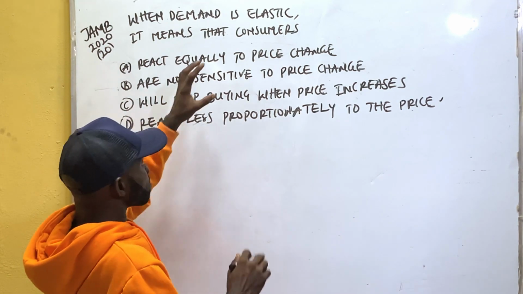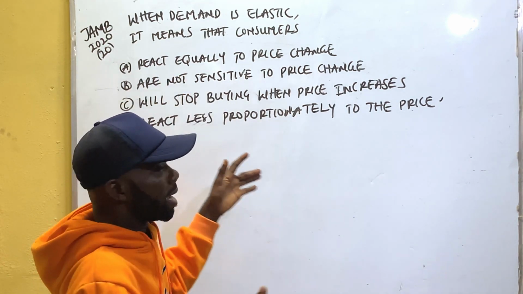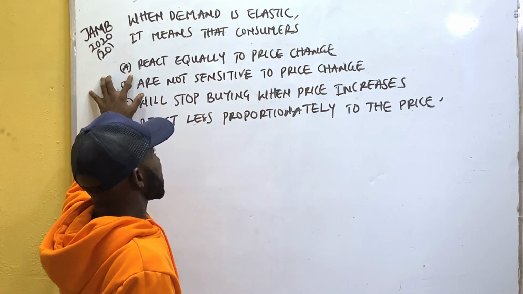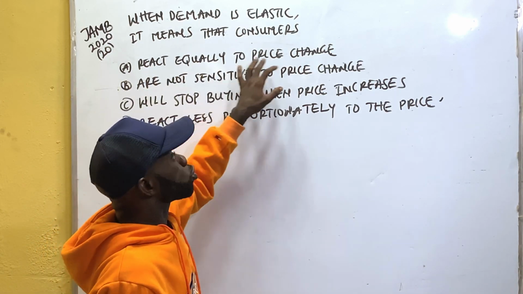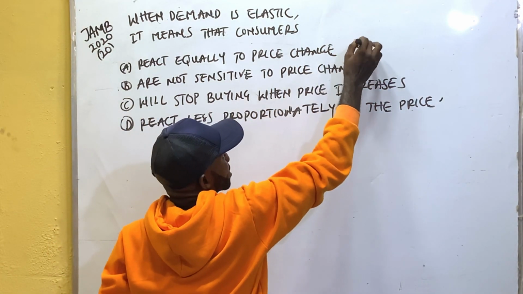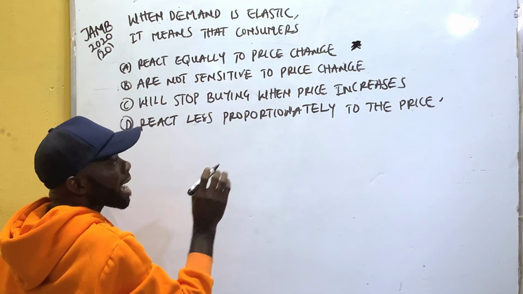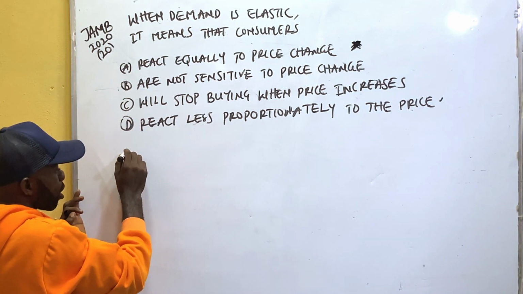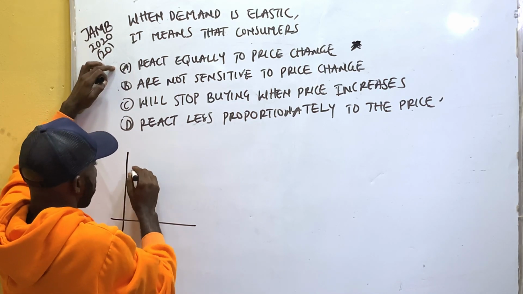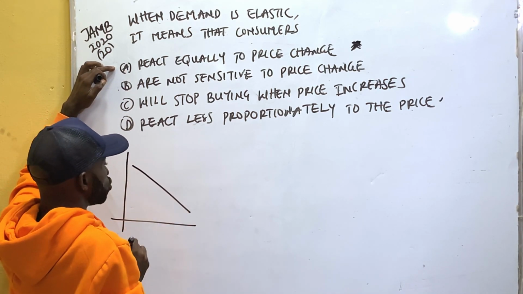Now, let's bring that idea into the options. Option A says react equally to price change. No, this cannot be correct because looking at the diagram, under price elasticity of demand, this can only work if we have a case of unitary.